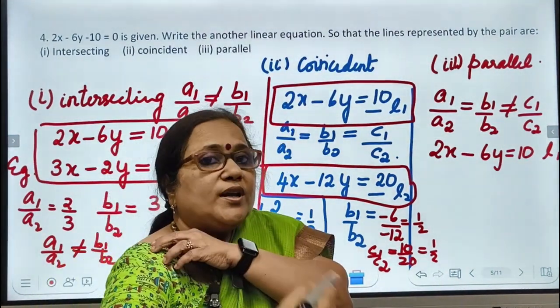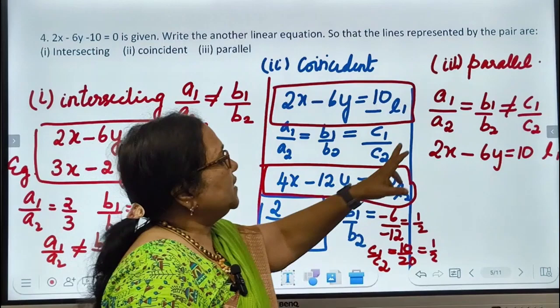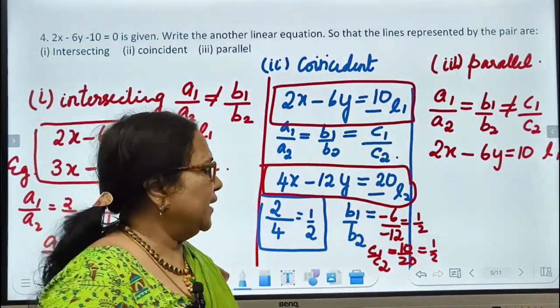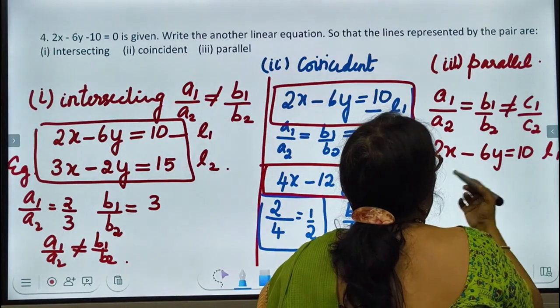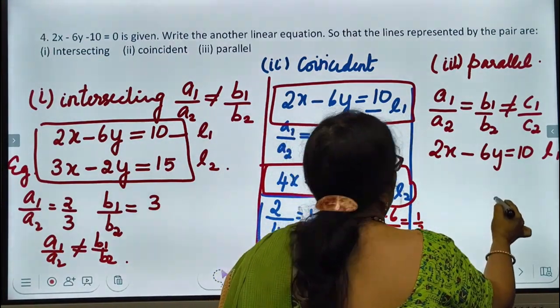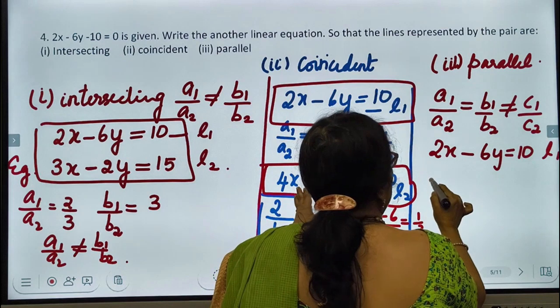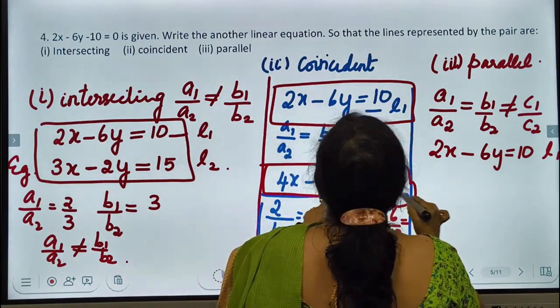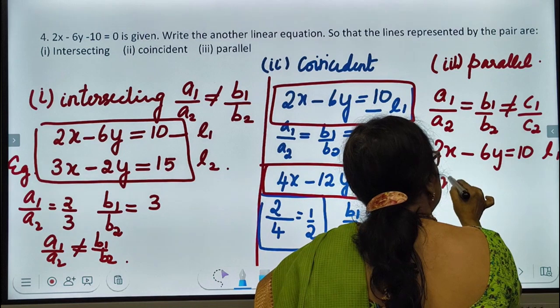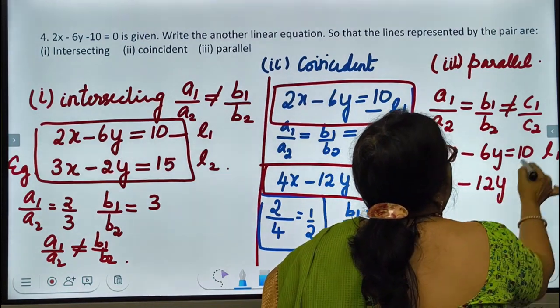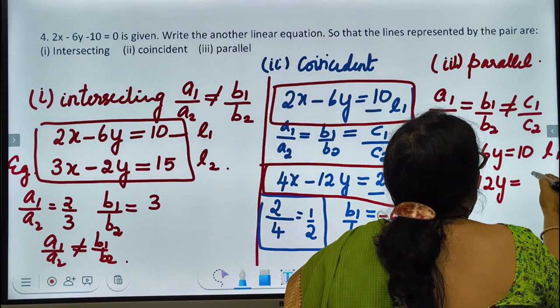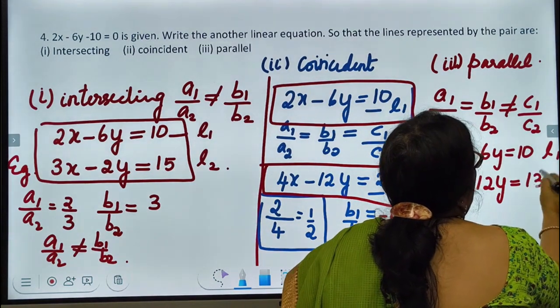You can all give different examples, but this condition should be met. Since A1 by A2 should be equal to B1 by B2, I can in fact take the same 4x minus 12y as in the previous case, and C1 by C2 alone I am going to make different. I am going to write it as 13.